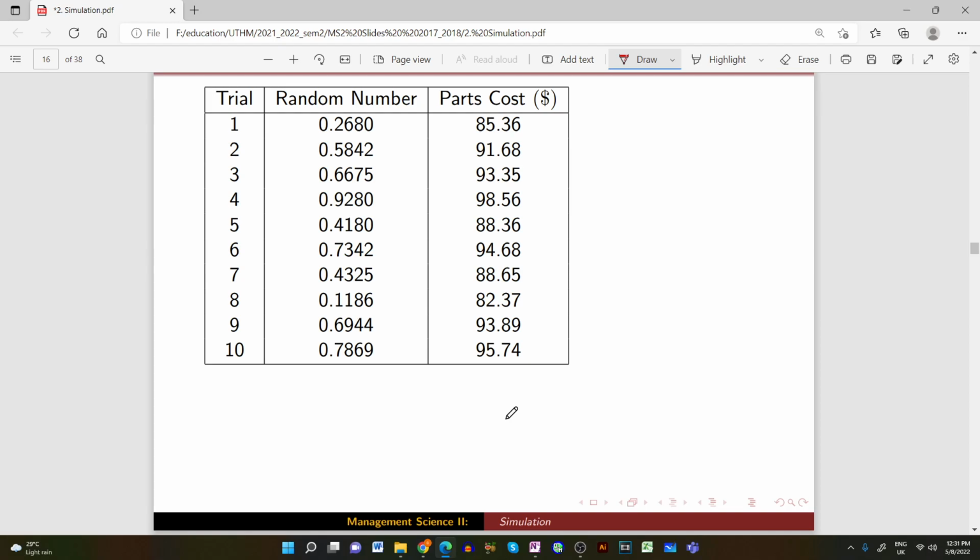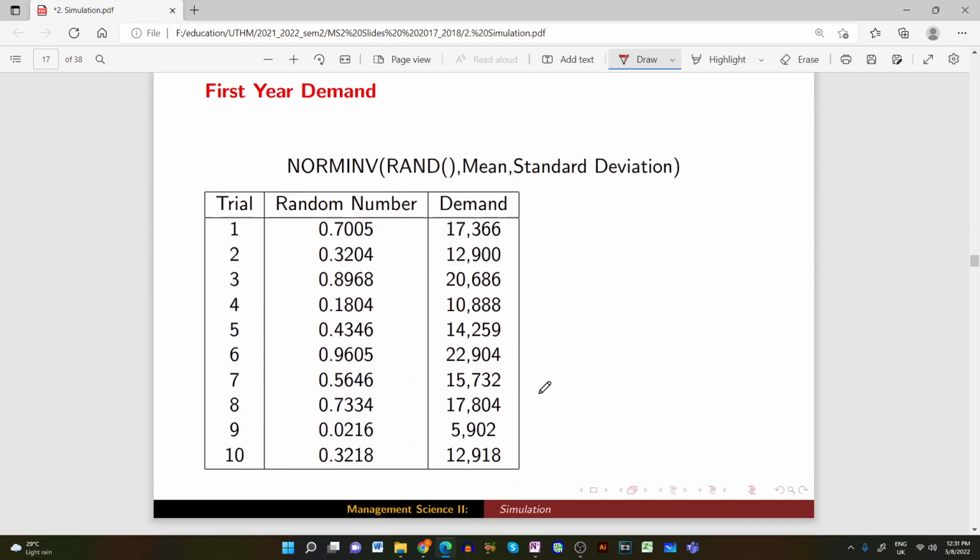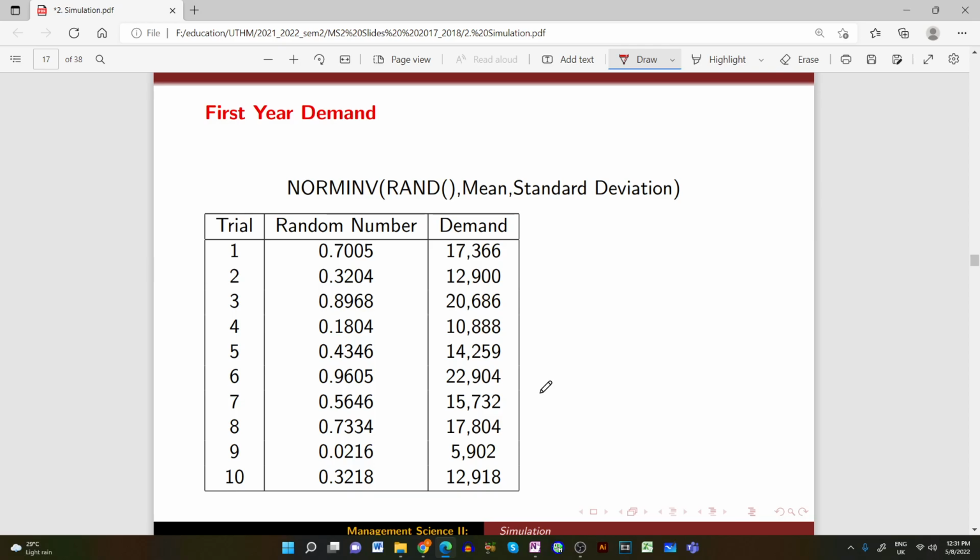All right. Hopefully you get all these answers here. For first year demand, I'm using some Excel command here. These are the random numbers, and I was using mean, this one, and standard deviation.